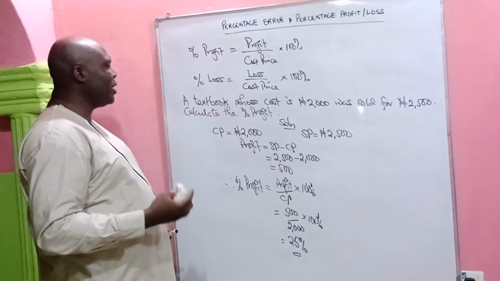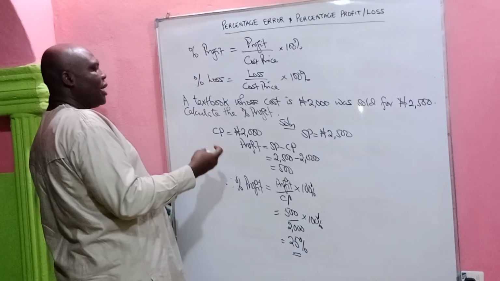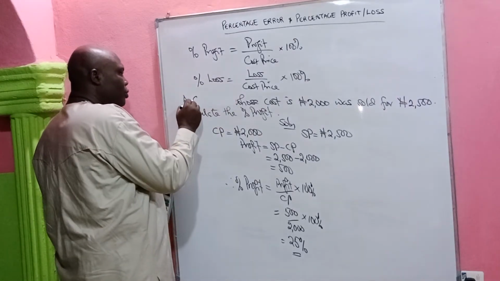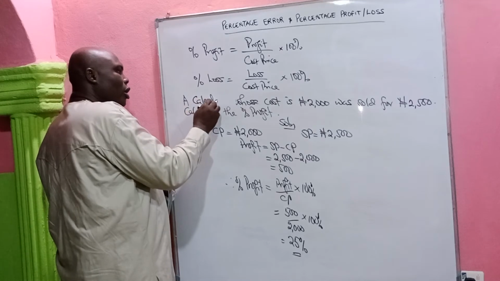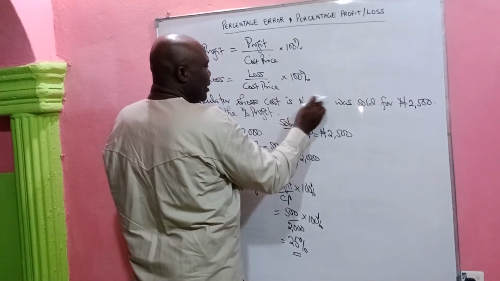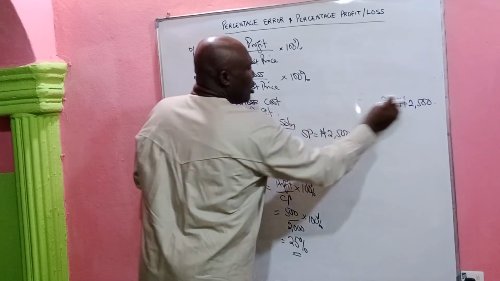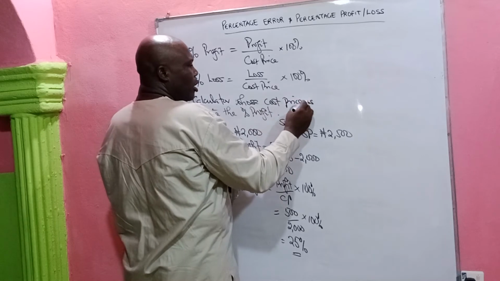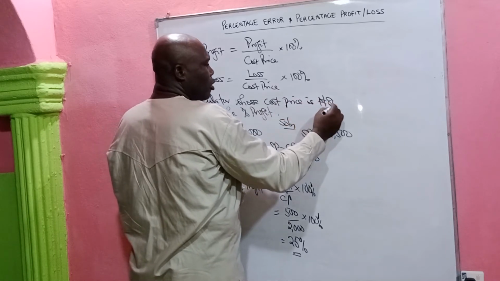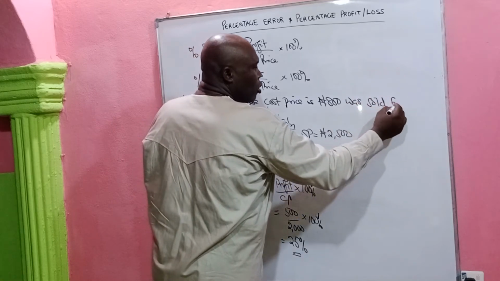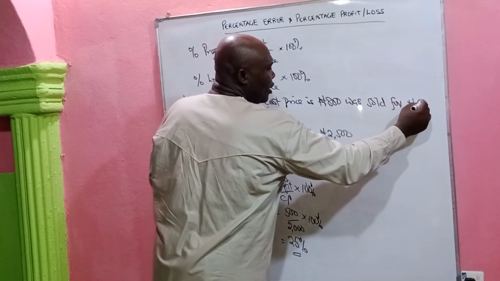All right, say for instance, let's change the narrative here. Let's say a calculator whose cost price is 800 was sold for 600.